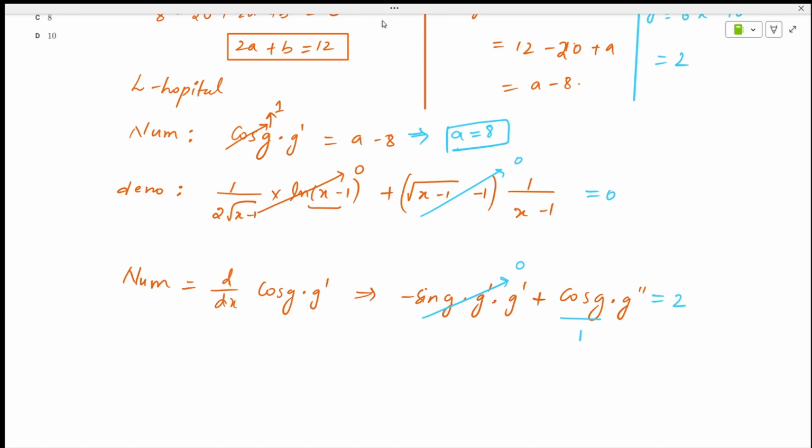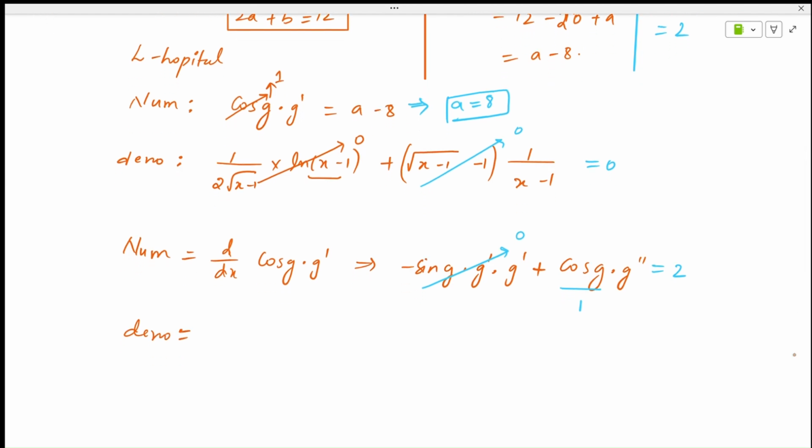And coming to the denominator, let us solve this denominator properly. So first, we'll treat this first term as uv. So 1 by 2 u dash becomes minus 1 by root x minus 1 into v dash.